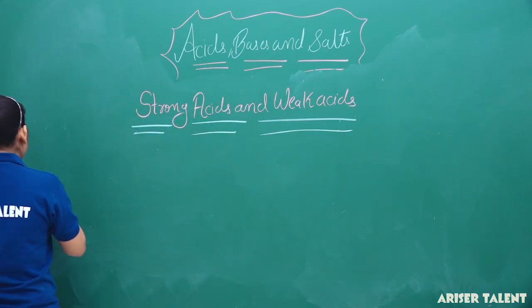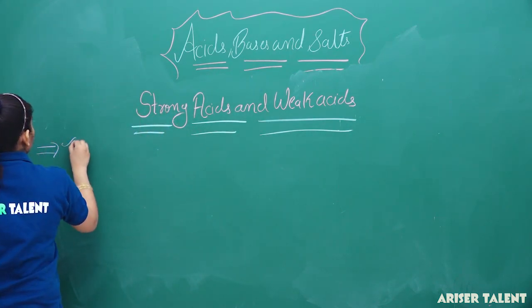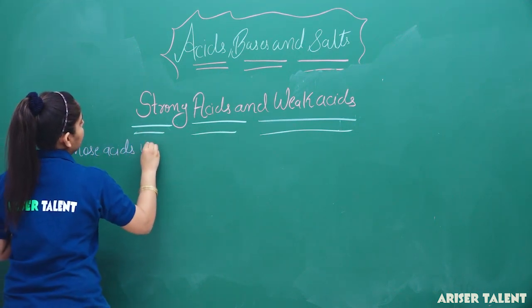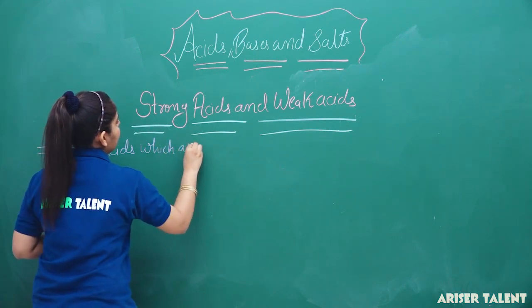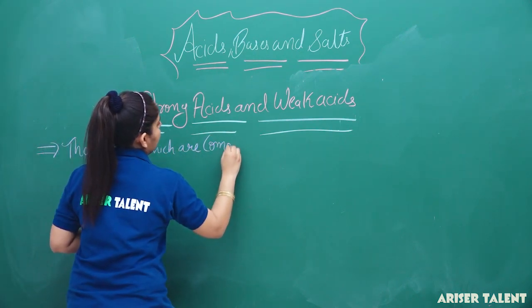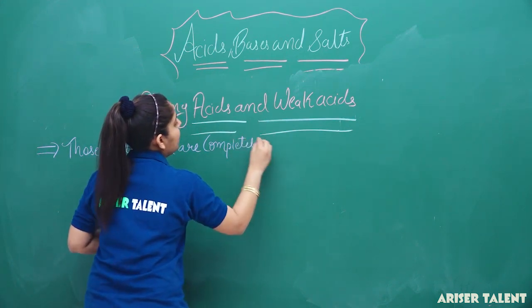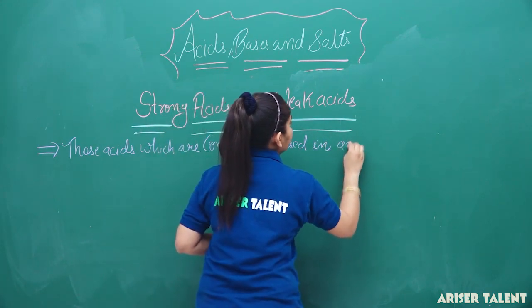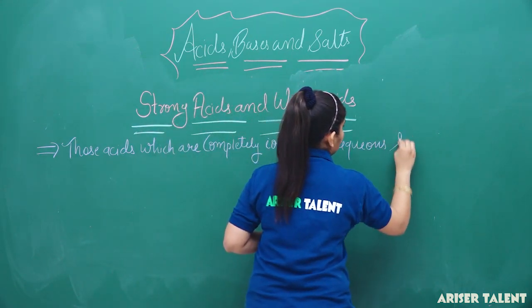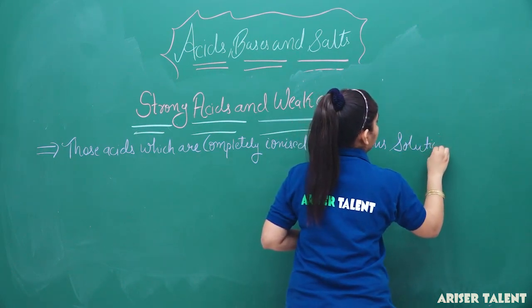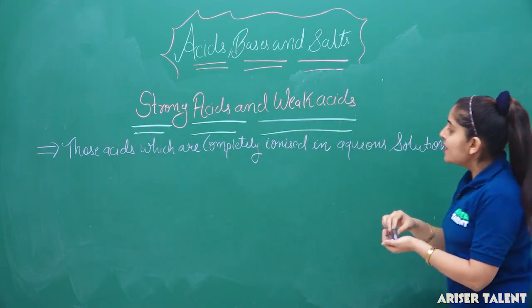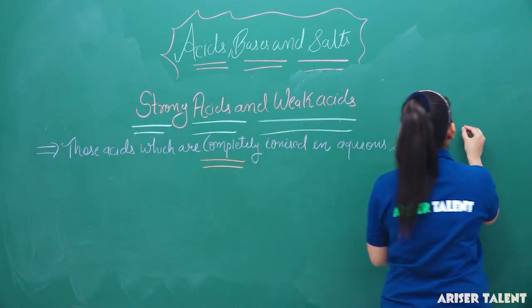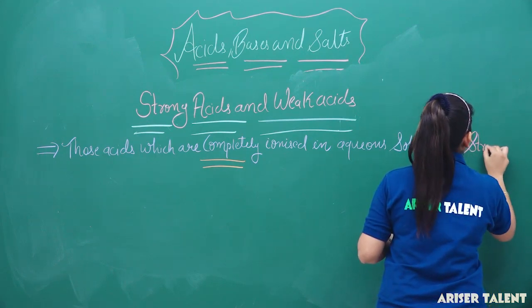So strong acids are those acids which are completely ionized in their aqueous solution. So if an acid is completely ionized, I can consider it in the category of strong ones.